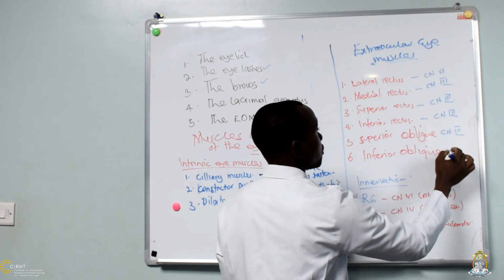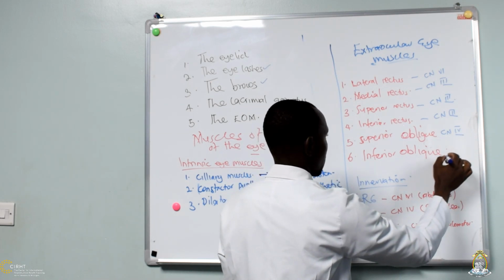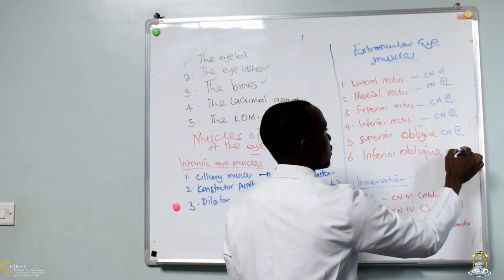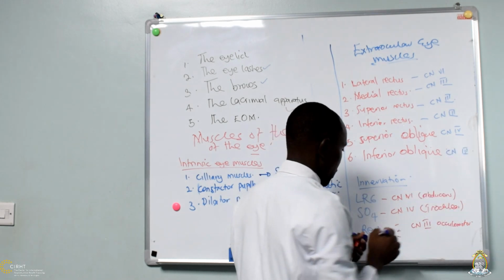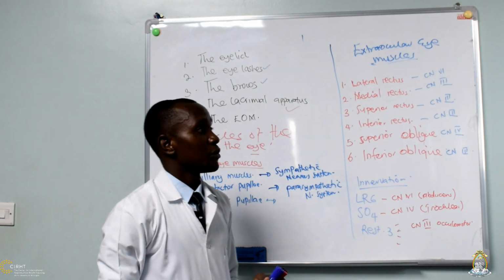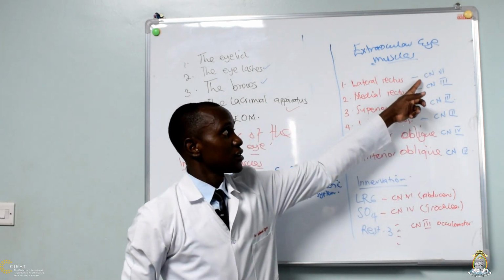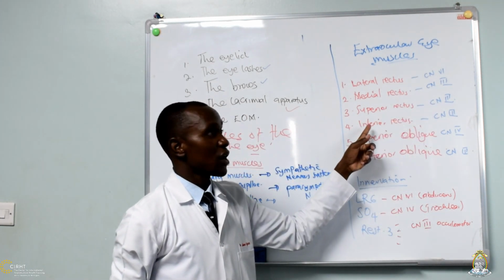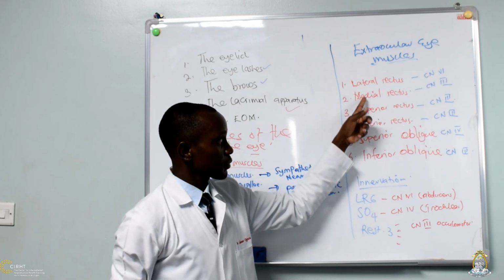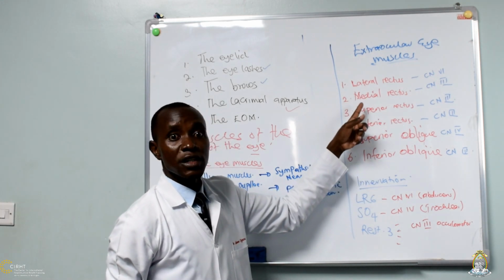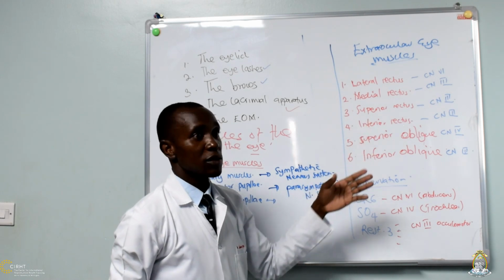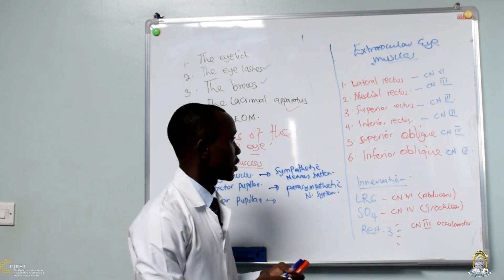And then inferior oblique is cranial nerve number 3. It is very important because when we have damage in this innervation, we shall have weaknesses in the respective extraocular eye muscles. That is going to give us different clinical presentations.